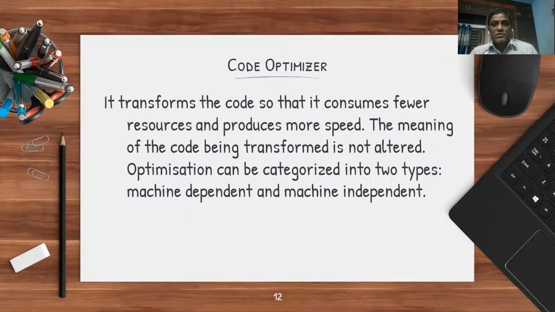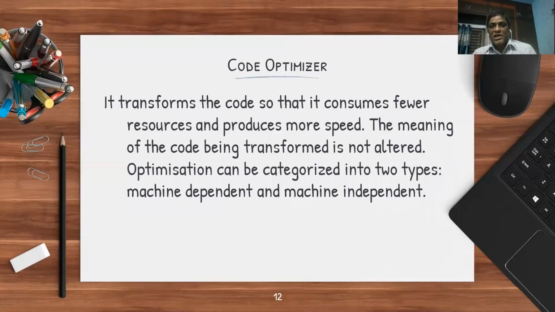Okay, and the next phase is code optimizer. This code optimizer's responsibility is to design or to change the code generated by the intermediate code generator into an equivalent code in such a way that the resultant code consumes fewer resources and executes faster than the existing one.